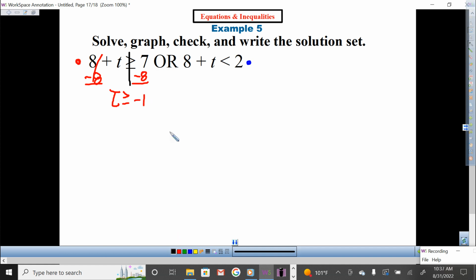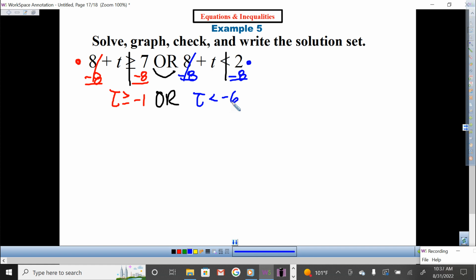From there, I want you to bring down the word or. And now let's solve the second inequality, because they're compound. So I'm going to do that in blue. And once again, what do we do to leave t by itself? Subtract 8, 2 minus 8. We end up with t less than -6.